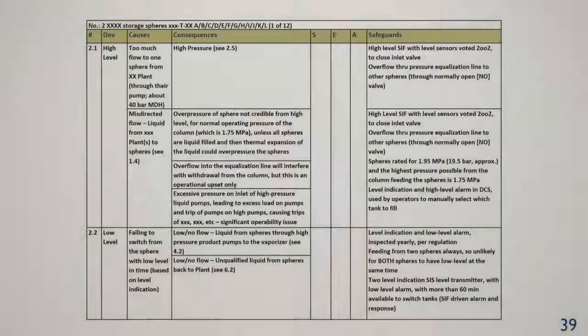It gives you different things to think about in terms of evaluating the PHA and how good of a job they did at the PHA, as well as looking at other prevention program elements. And this one, I don't know if anyone can read this actually on the screen, but the safeguards all in here are really all talking about safety instrumented functions, SIS functions, and this was really for, if we were going to get deep into the Program 4, it was going to help us talk a little bit more about safeguard protection analysis.